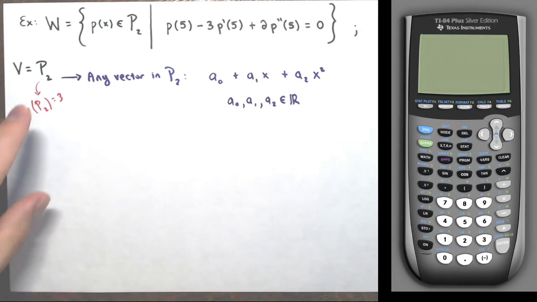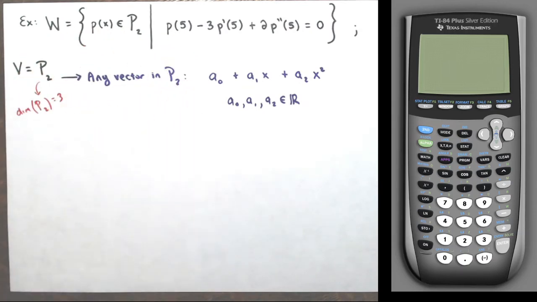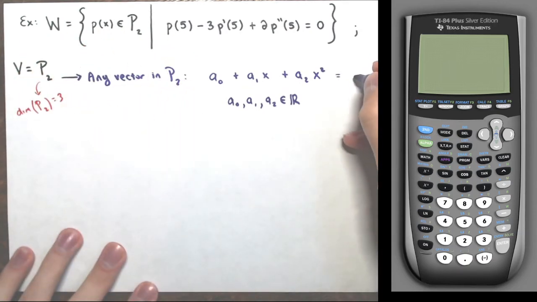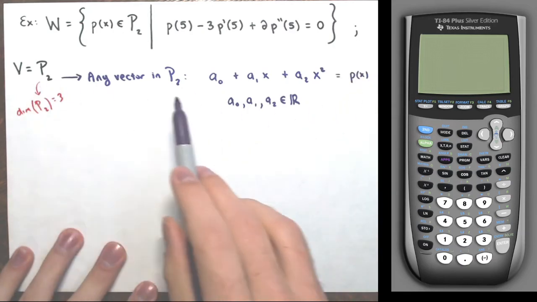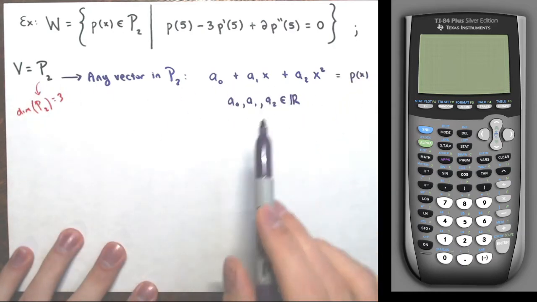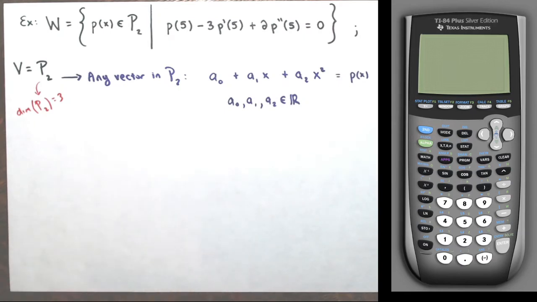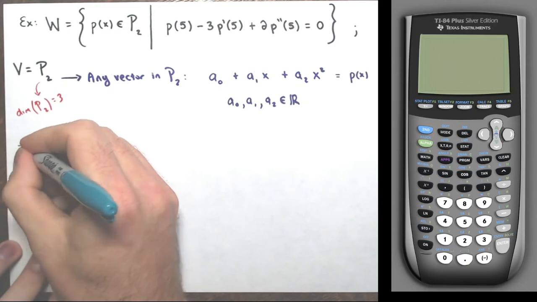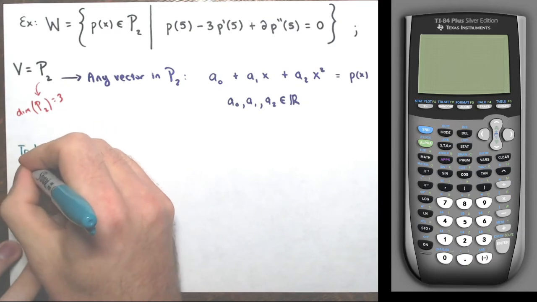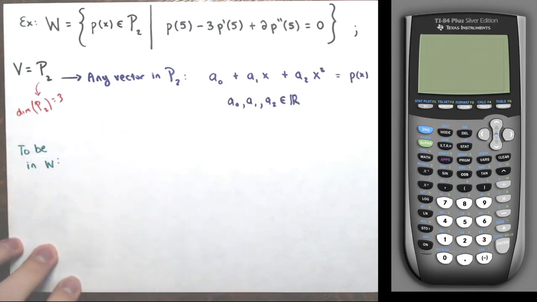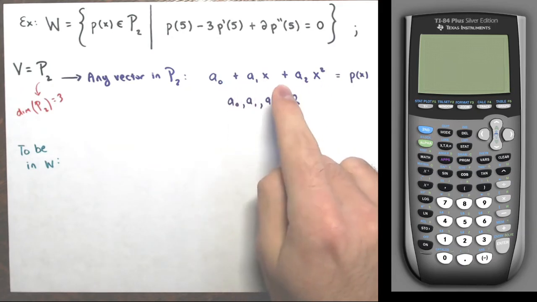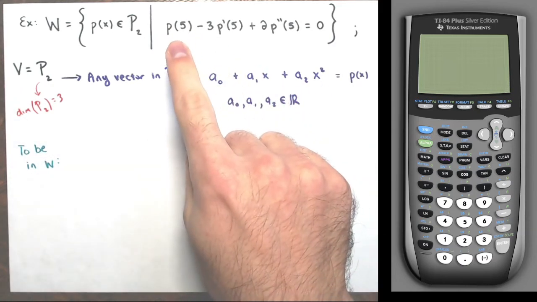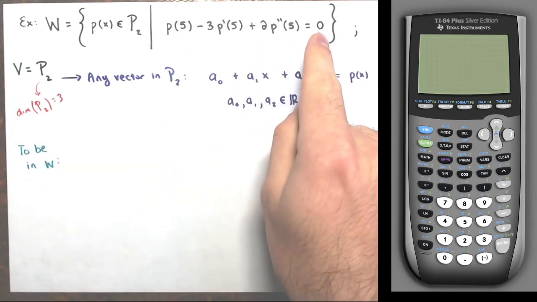Now to be in W, I'll call this p of x. So any polynomial in P2 looks like this. But to be in W, what has to happen? Not only do you have to look like this, but you have to satisfy this condition.